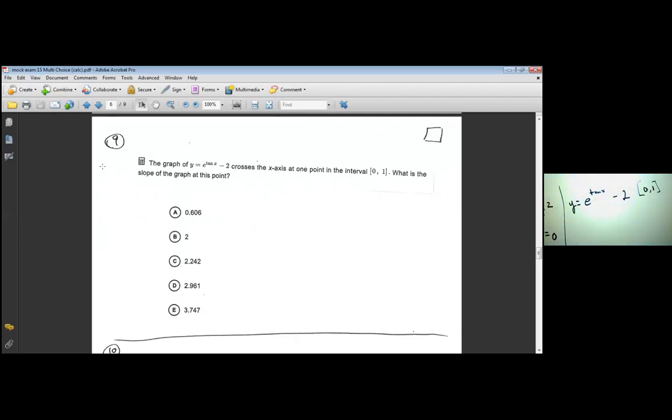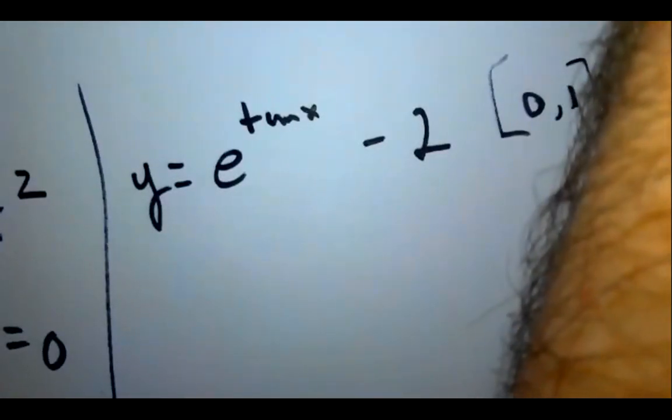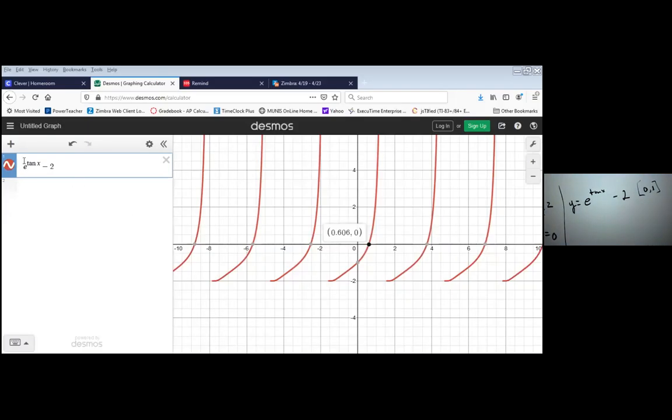So we want to figure out where on that interval it crosses the axis. It should be 0.606. So here on Desmos, here's the graph of e to the tan x minus 2. And then between 0 and 1, here's the intercept at 0.606.